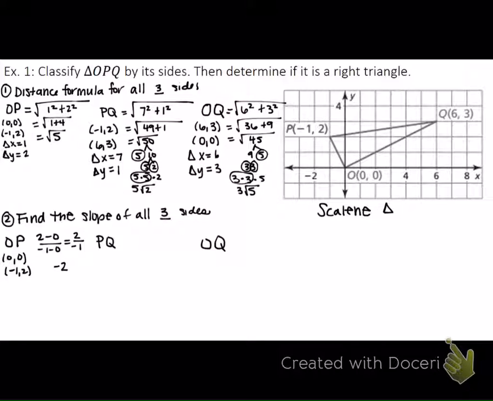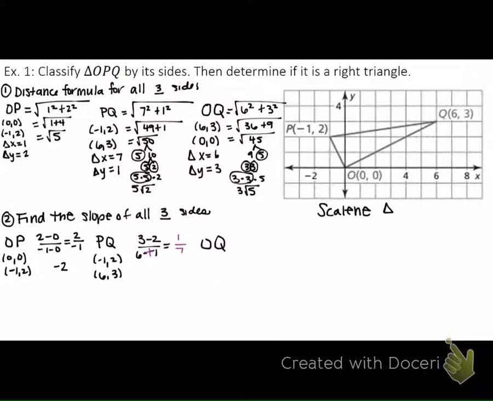Keep finding the slopes. Let's go. You need to show your work. It's for your notes. So PQ is negative 1 and 2 and 6, 3. So we find the slopes of those. So y is on top, x is on bottom. Minus a negative becomes a positive.